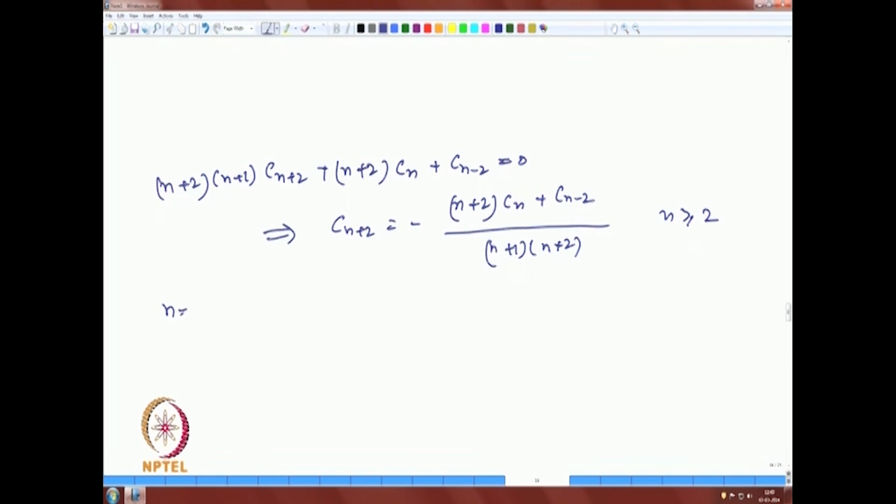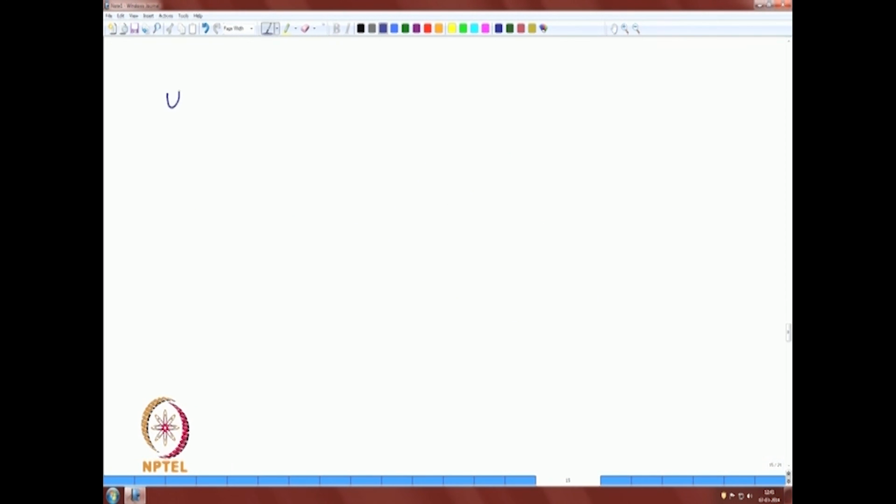So, for the case n equals 2, c_4 can be solved. c_4 is minus (4 c_2 plus c_0) by 12. So, this implies that c_4 is 1 by 4 c_0. And similarly, for n equals 3, c_5 is solved to be 3 by 40 c_1. Therefore, the solution can be written using these coefficients.